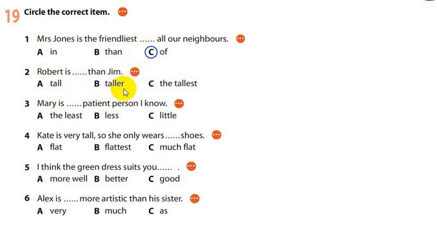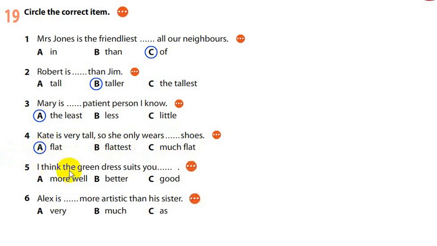Mary is the most patient person I know. Mary is only one, not Mary with Jane or etc., so the superlative form. Kate is very tall, so she only wears flat shoes. We don't compare shoes with trainers or etc., so just the adjective, flat shoes.